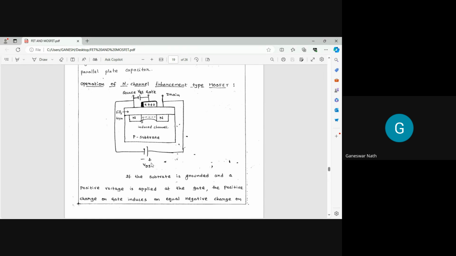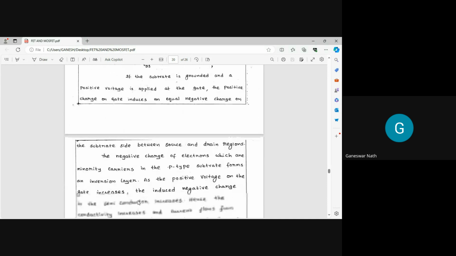Okay. So now if the substrate is grounded actually. So if we say the P-type substrate is made ground, then what you can find, the positive charges on the gate induce an equal negative charge on the substrate side between the source and the drain region, and the negative charge of electrons, which are minority carriers in the P-type substrate, forms an inversion layer.